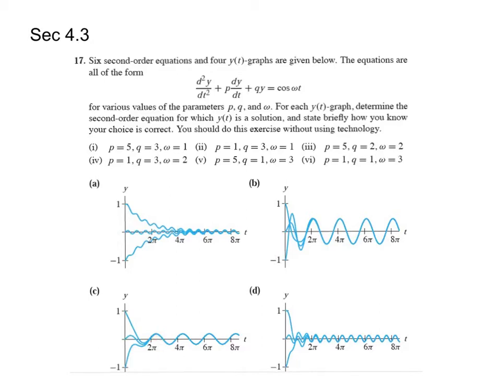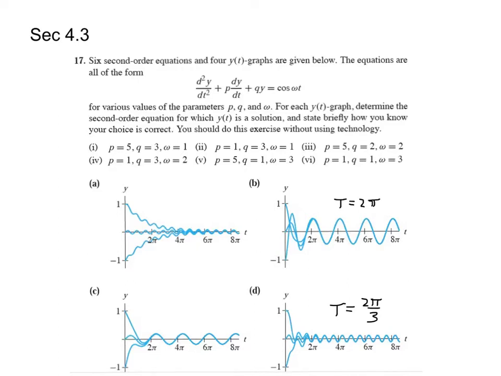Whereas these guys go through, it's hard to draw with my pen, but you can see there's 1, 2, 3 peaks. So these have period of 2 pi over 3. This is a period of just 2 pi.